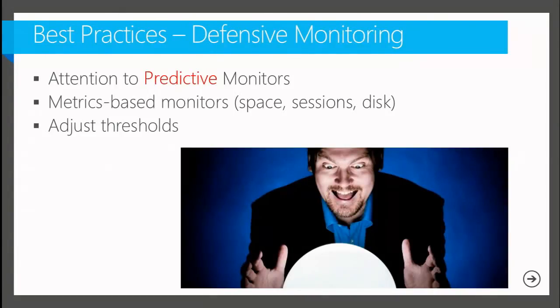But I definitely want to ask you, try to use predictive monitoring. Let's call it defensive monitoring. Like we say about defensive driving, when you drive in such a way as to prevent any accident. Here I'm talking about monitoring, the same.